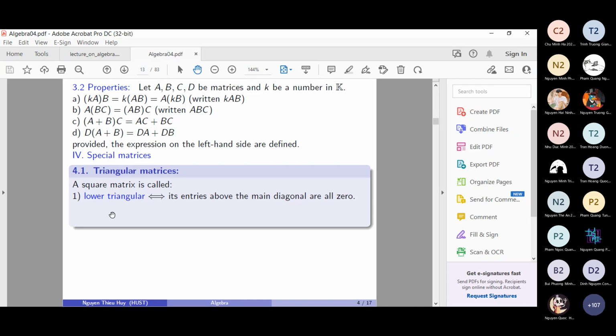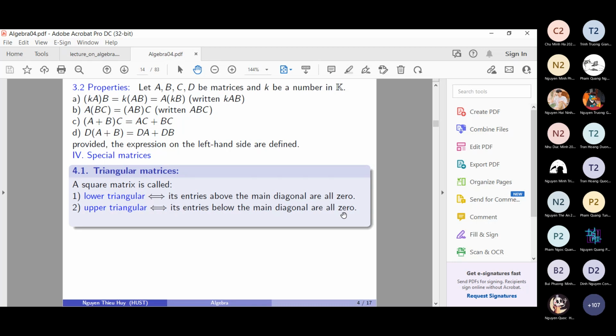Why is this? Because the upper part contains only 0, and the important information, if any, lies in the lower part. This is why we call this lower triangular, and we call it upper triangular if and only if all the entries below the main diagonal are 0.